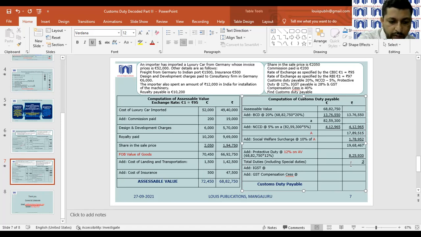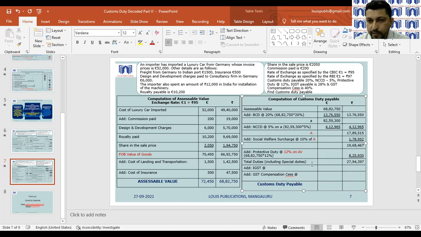When you add up, you get 27,94,397. 27,94,397 is the total, the value.